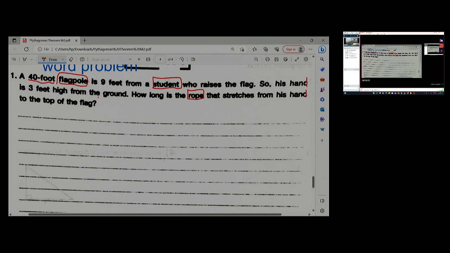Yes? You can draw? Did you draw? Okay, the right triangle is correct. Yes? Okay, the question says we have a flagpole. Do you know what is a flagpole? Yes? Everyone knows the flagpole? I will draw it. See, what is a flagpole?